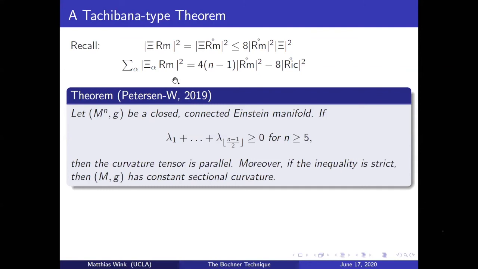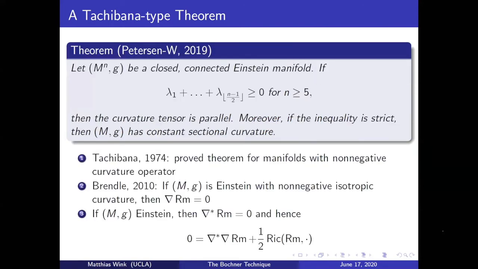And let's put this a little bit into context in the remaining minutes of this talk. So first of all, it generalizes a famous theorem of Tachibana. Tachibana looked at manifolds with non-negative curvature operator, and he proved that in this case, the curvature tensor is parallel.